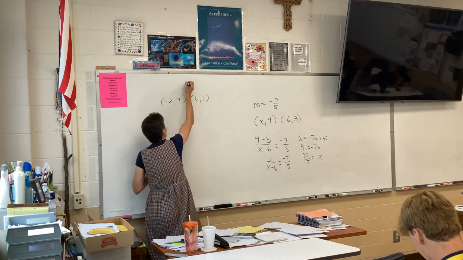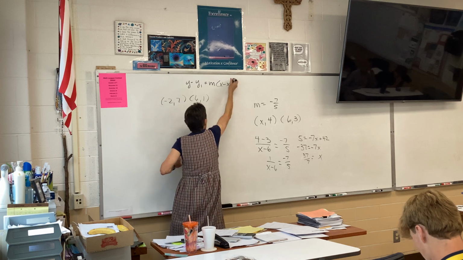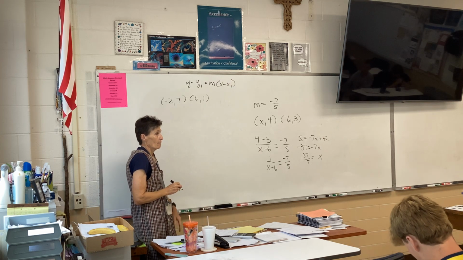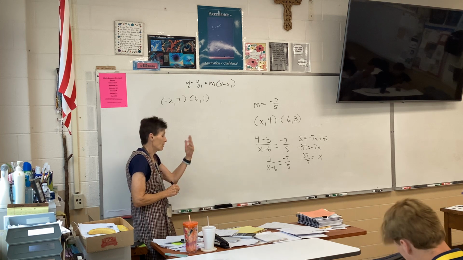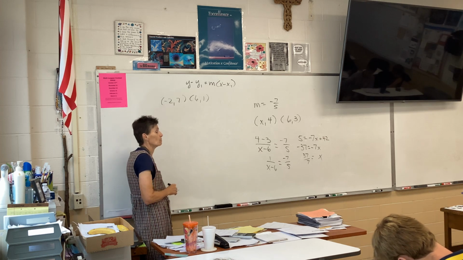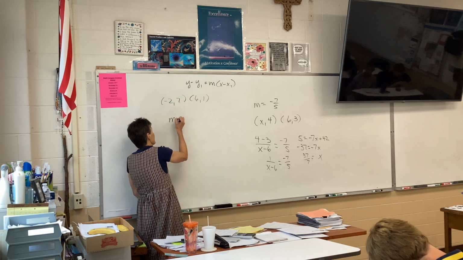Point slope form, remember, is this one. What do I have to know? I gotta know the slope. Whatever else you're thinking about doing, you gotta have the slope. You cannot write the equation of a line without the slope. So I'm going to find the slope.